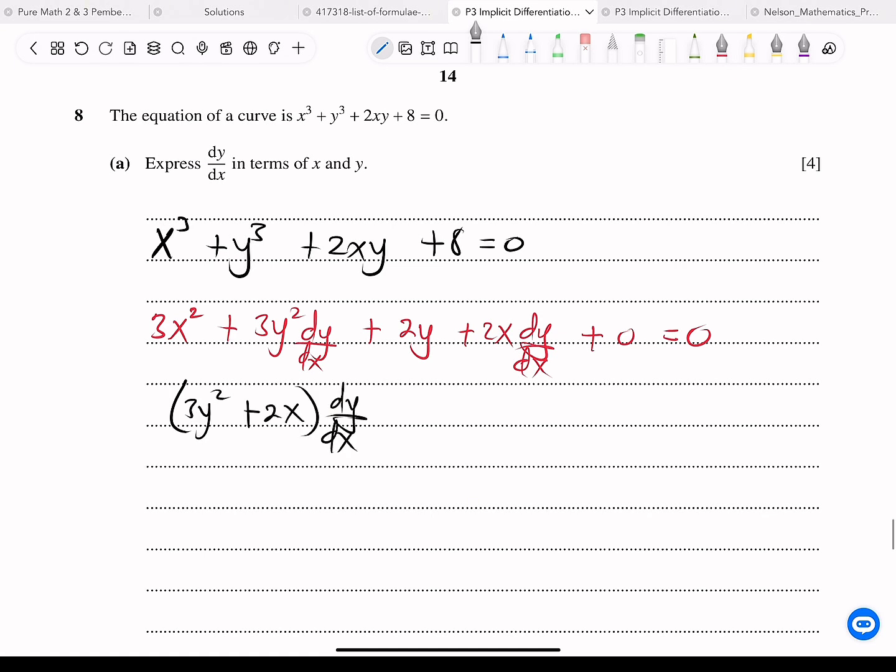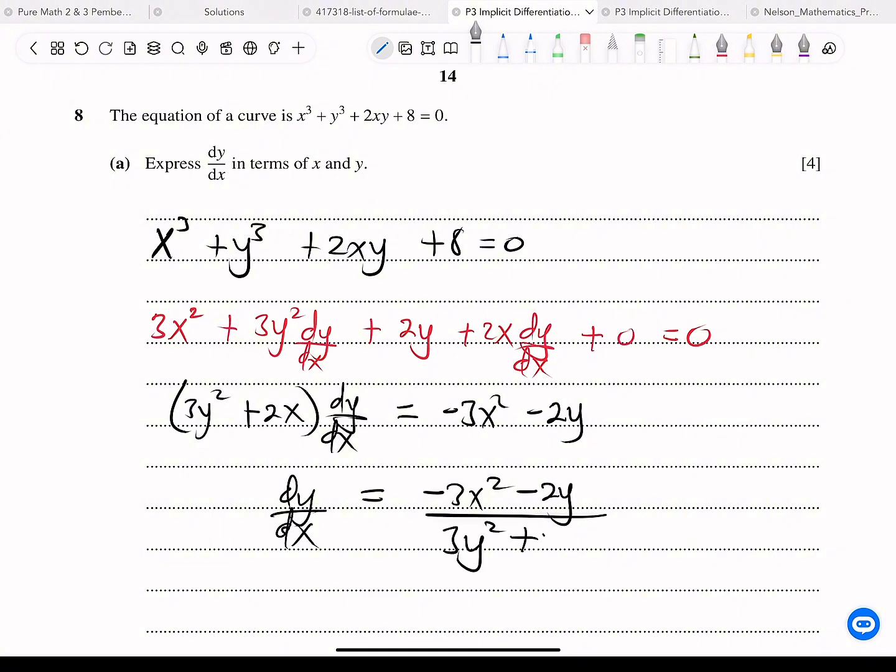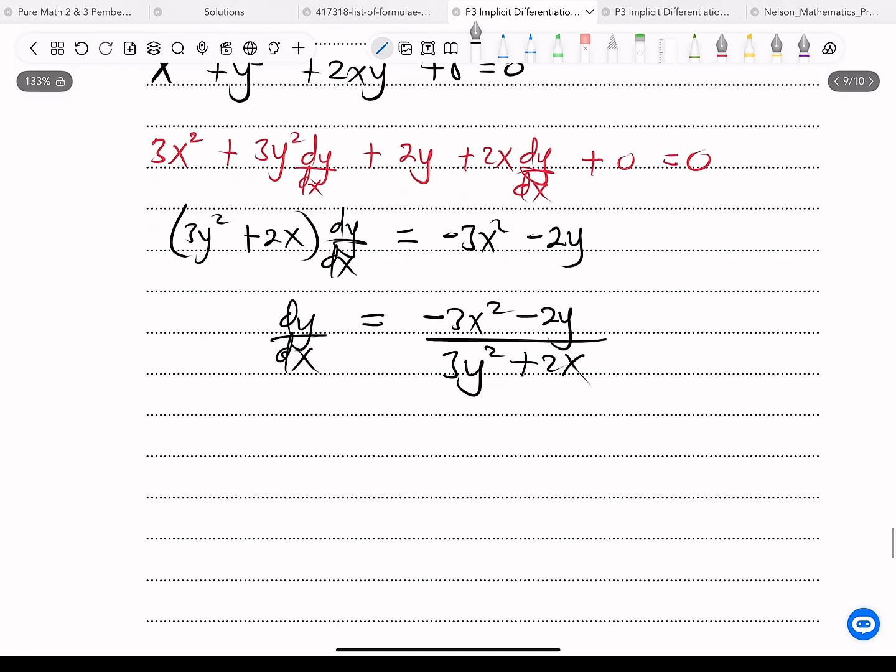I'm factoring dy/dx out. Then I'll move this. So I have negative 3x squared minus 2y. And now my dy/dx is negative 3x squared minus 2y, all over 3y squared plus 2x. Okay, so this is what we have.